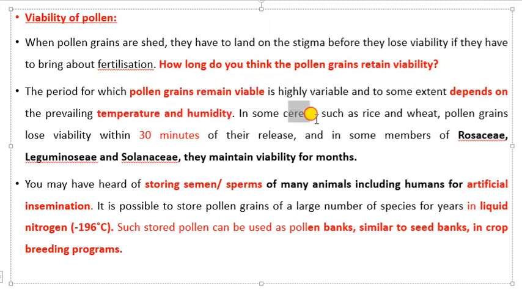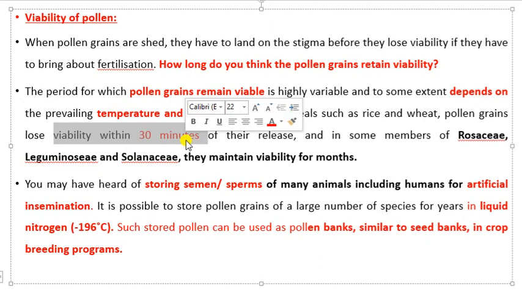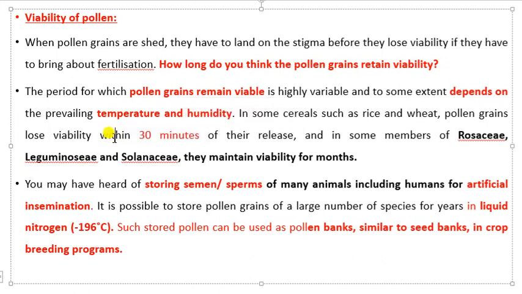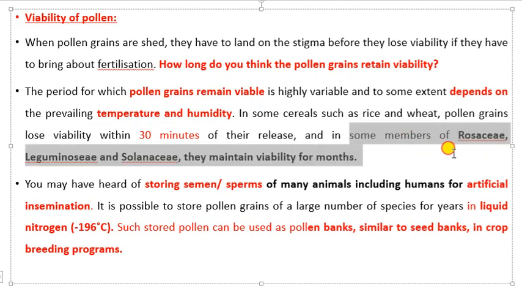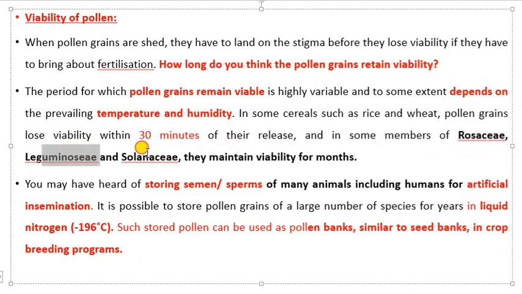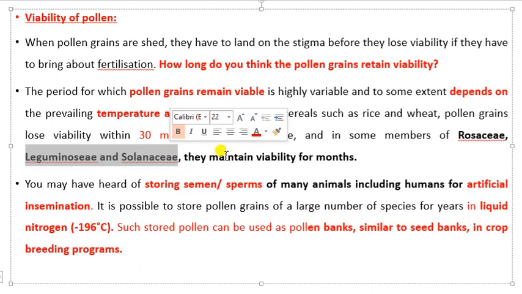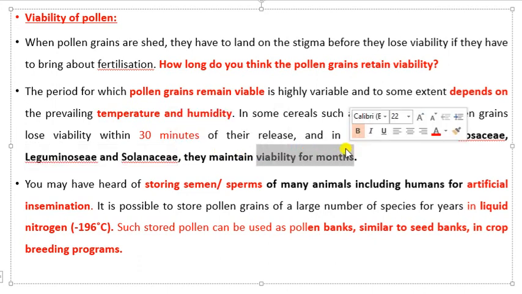In some cereals such as rice and wheat, the viability of pollen grain is 30 minutes. So within 30 minutes, they have to come to the surface of the stigma for fertilization. After 30 minutes, they will lose viability. Whereas in some members of Rosaceae, Leguminosae and Solanaceae families, the viability is for months.